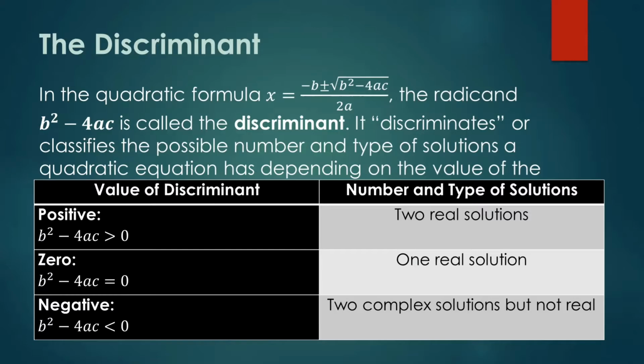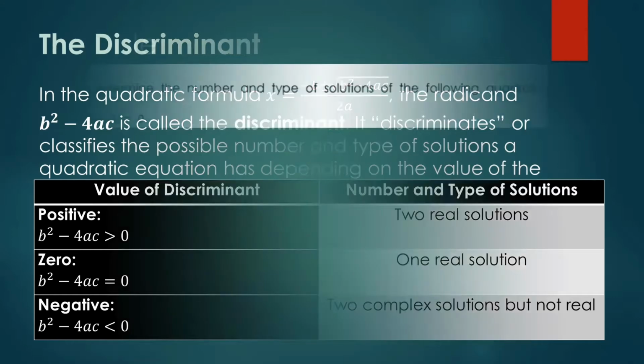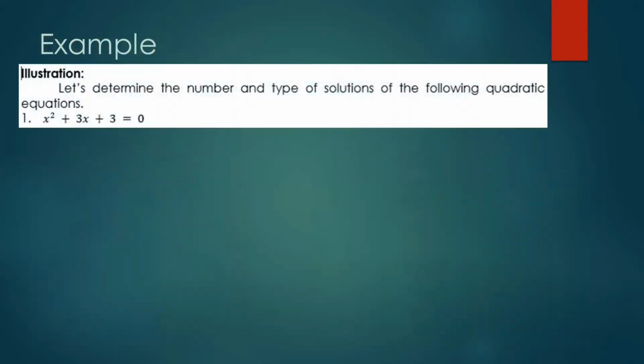So to further understand, let's have an example of finding how many solutions or what is the type of solution that we have in our equation. Let's determine the number and type of solutions of the following quadratic equation. So we have here the quadratic equation.